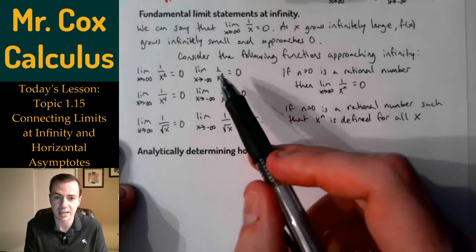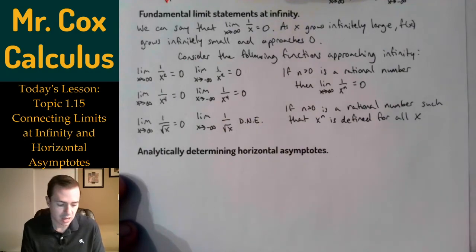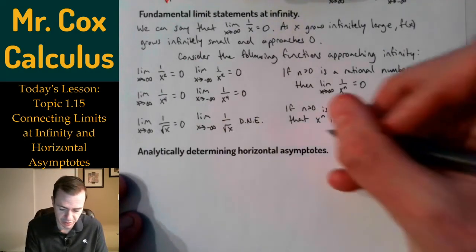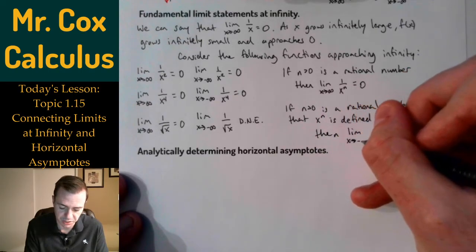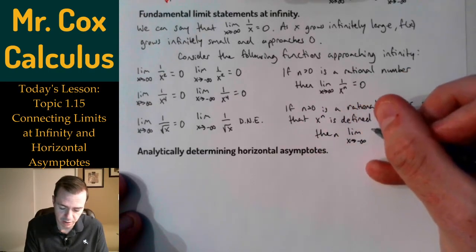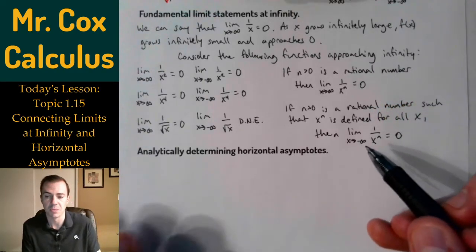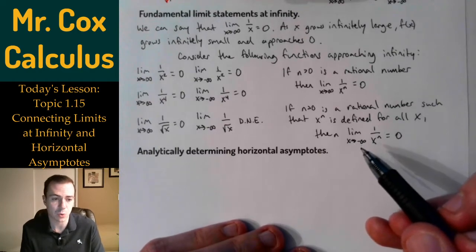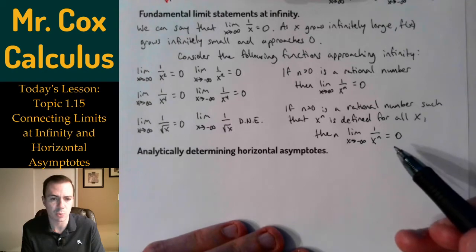So things like x squared, x to the 4th, that is defined for all x. Then the following statement is true, that the limit as x approaches negative infinity of 1 over x to the n is also equal to 0. So if I'm going out towards negative infinity, as long as I'm within my domain, I'm also approaching 0 right there.